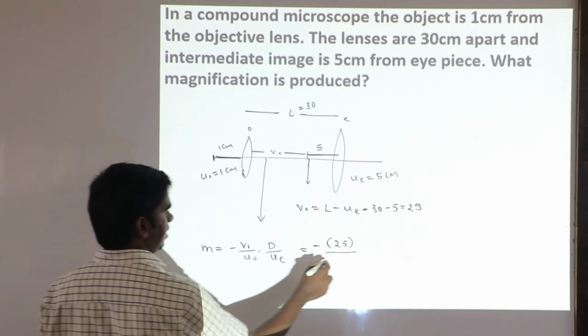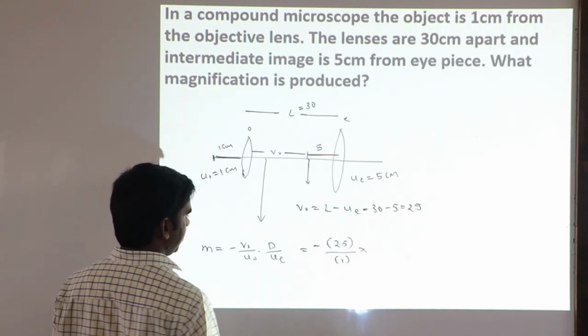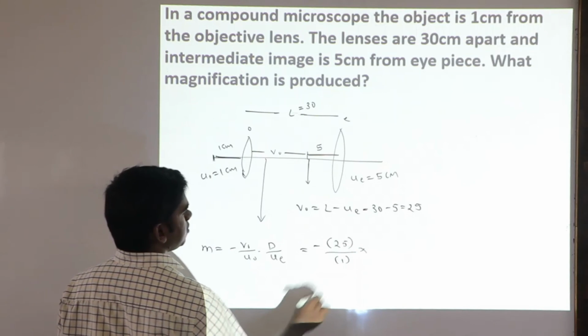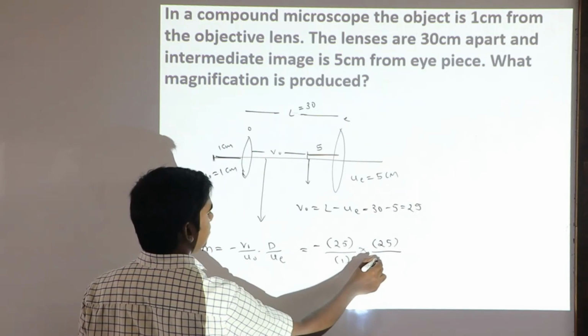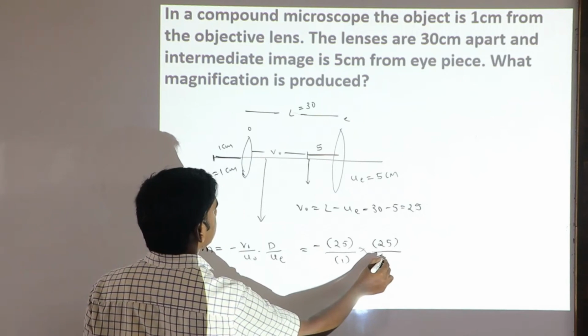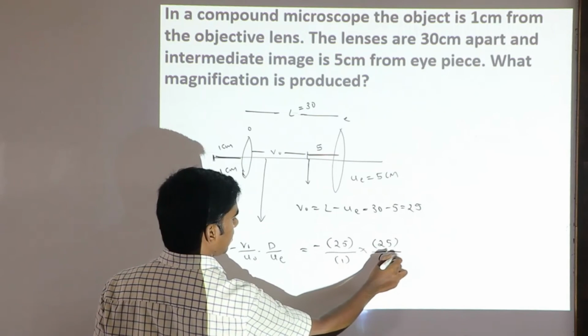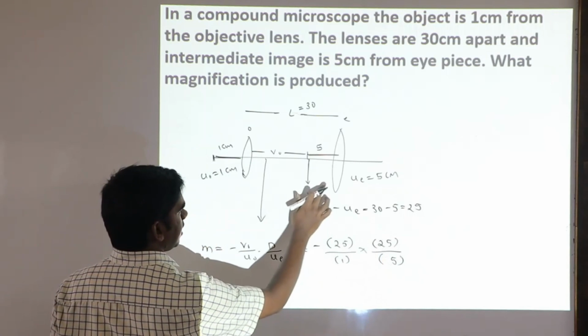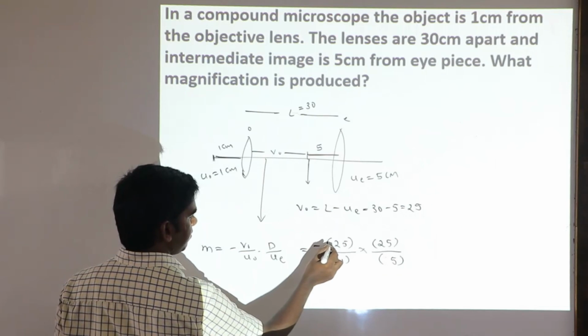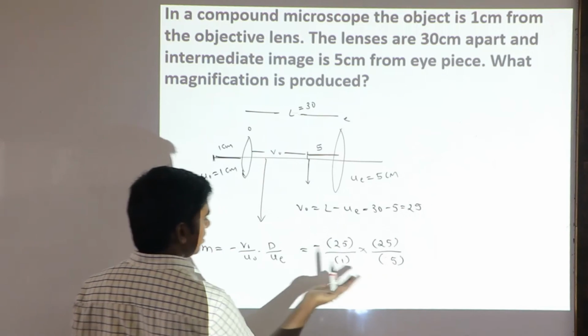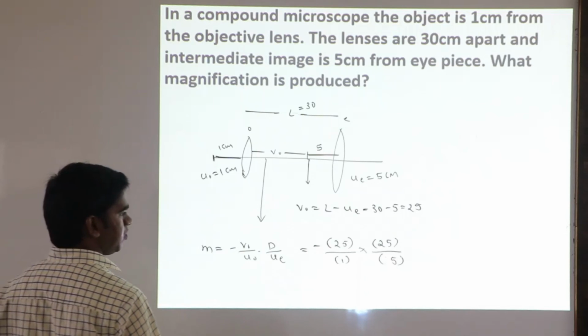So you can substitute here: minus V naught is 25 divided by U naught, U naught you can take as 1 centimeter, multiplied by D, which is 25, whole divided by UE, which is 5. D is also minus and this is also minus, so it will get cancelled. Otherwise, no problem.